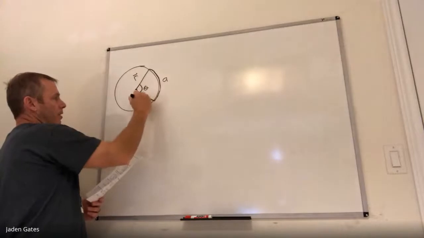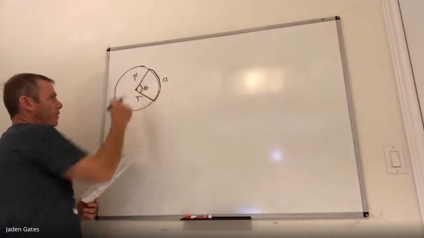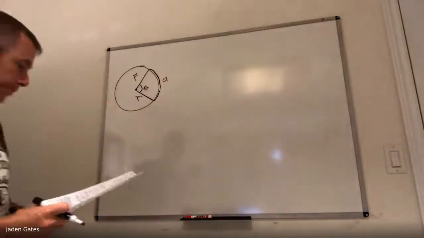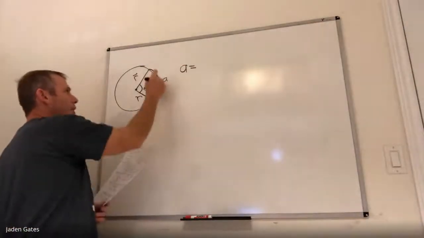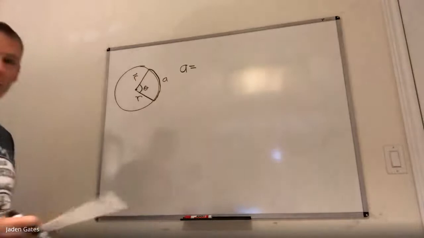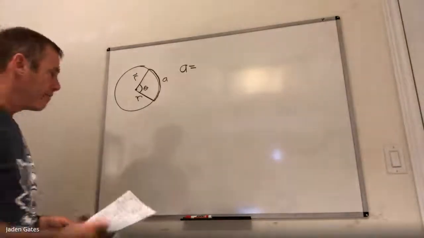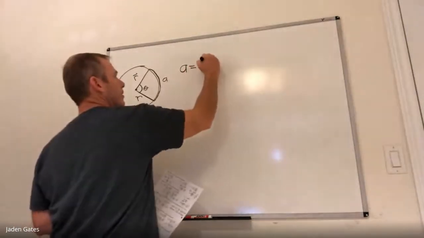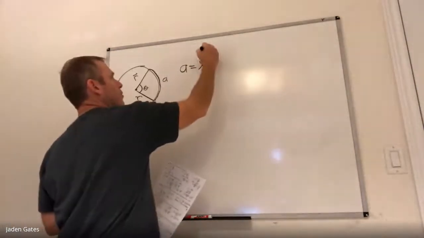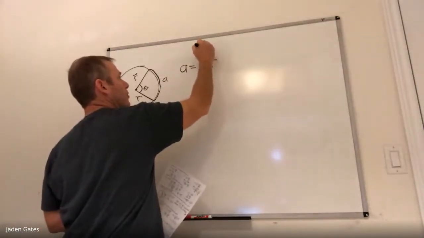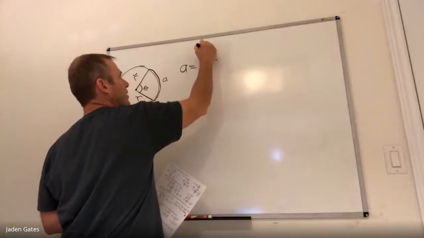All right, you got your radius. Now, arc length, so that distance that you're going around the outside of the circle when you're not completely going around the circle, is equal to x times r. Now, x is your degree or angle in radians.